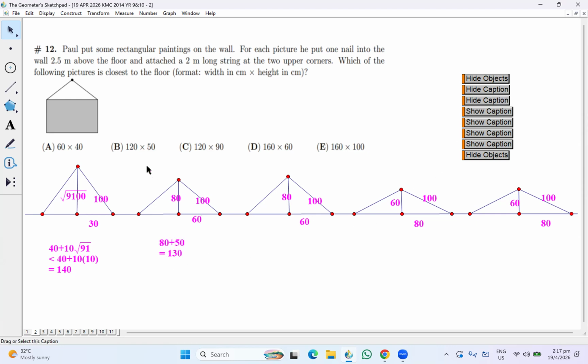This one, 120 is horizontal, so half is 60. Then we have 100, because the string is always 2 meters long. So 6, 8, 10, so 80. 80 plus the vertical drop, 50, is 130.